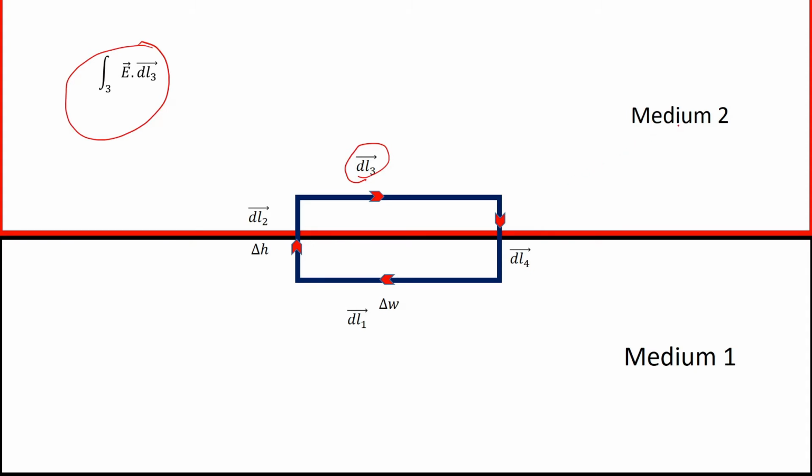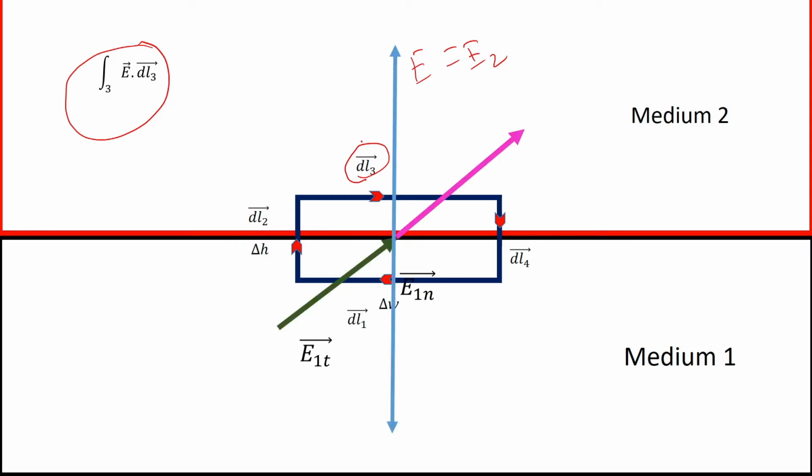Because it is in medium 2, the electric field is nothing but E2, and this is perpendicular to the normal. Hence, there is only the tangential component, which is along dl3 bar, and this is the only component acting along dl3 bar, and the value of this integration would be E2t times delta W.